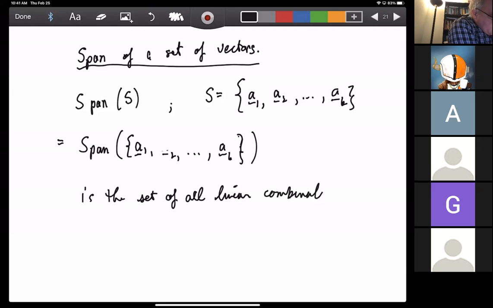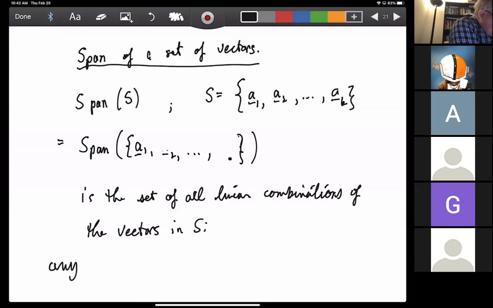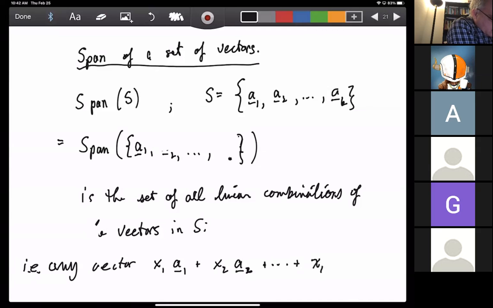That's the set of all the linear combinations of the vectors, i.e. any vector, right, if you can build your vector by taking a linear combination of those vectors in your original set, then it's in the span of the set.